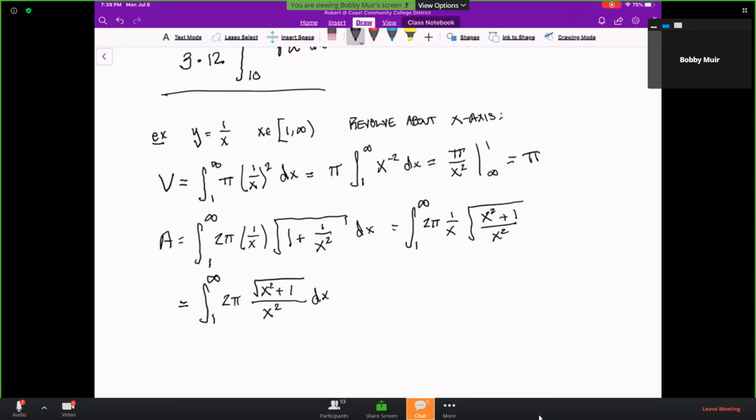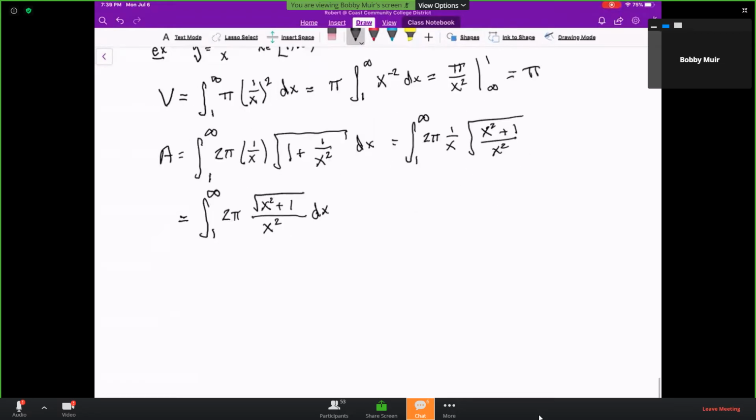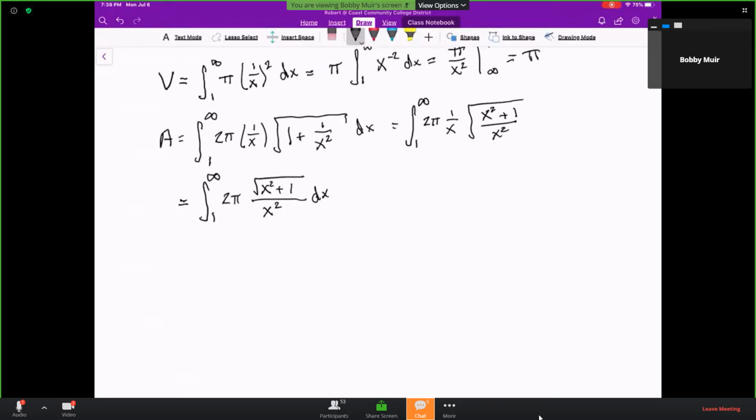Okay, now unfortunately, let's just play with it a second. If we do a rationalizing substitution, this is about the only thing that might work. Then u squared is going to be x squared plus 1, so x squared is u squared minus 1.